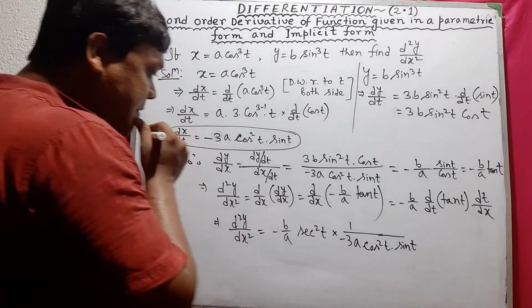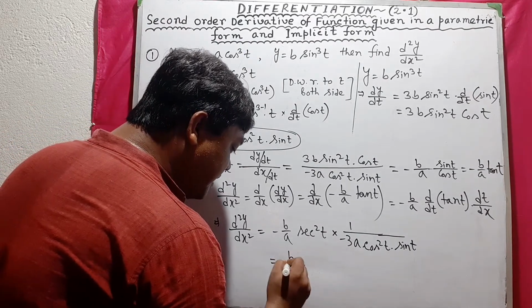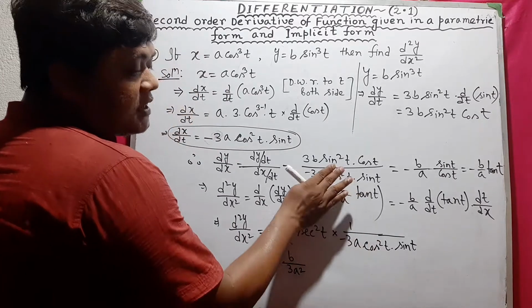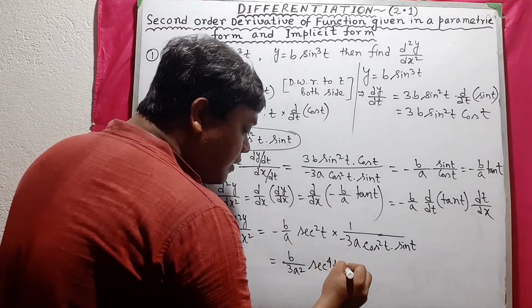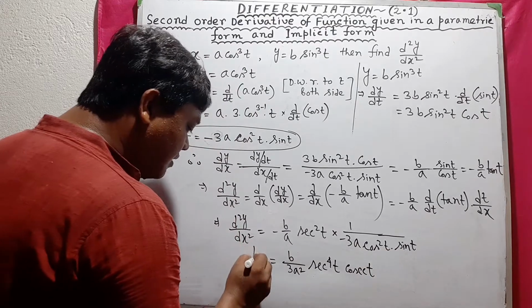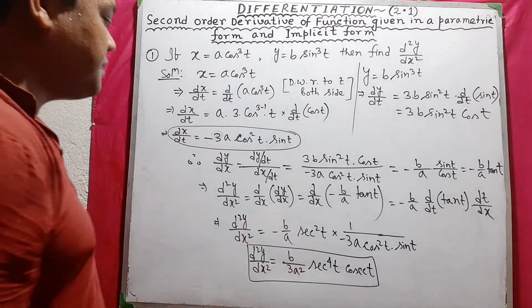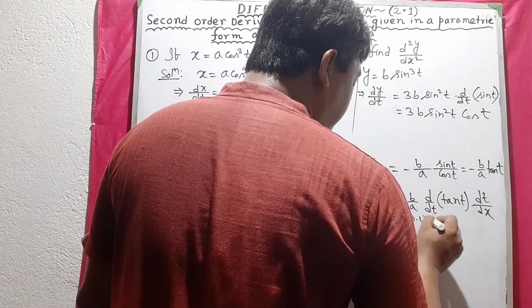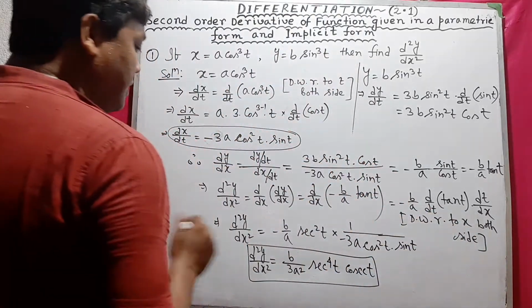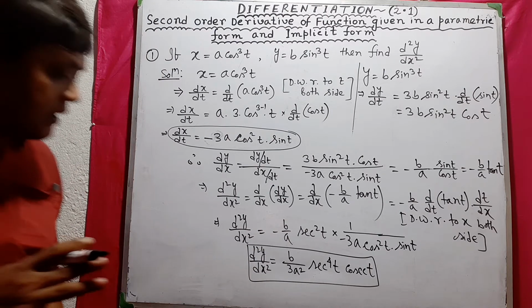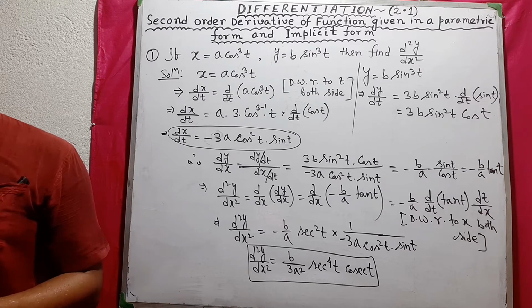So minus b by a, minus minus plus, b by 3a squared; cos squared t going up gives sec squared t into sec squared t, that is sec to the power 4 t, and sin t going up gives cosec t. That is our required answer, d2y/dx2. Of course, when we differentiate in this part we have to write and mention differentiate with respect to x, both sides. Clear? So in parametric form the answer d2y/dx2 is b by 3a squared sec to the power 4 t into cosec t. Okay.